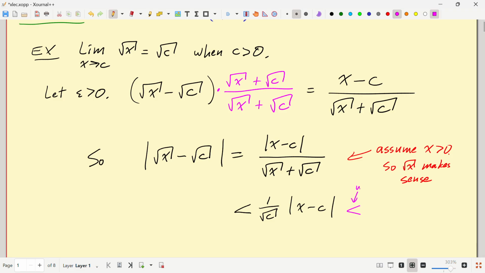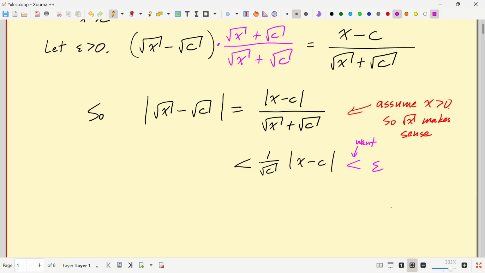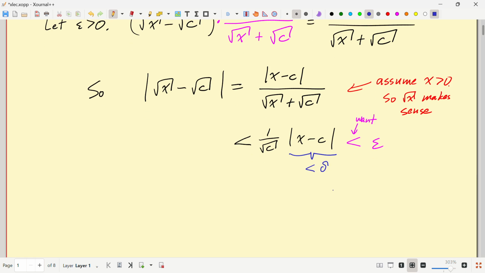So I want this less than epsilon. And I can make that happen if my x minus c is less than delta. And let's see. So what I want now is delta over the square root of c to be less than epsilon. And so what I need is that delta, anything less than epsilon times the square root of c, is going to work.